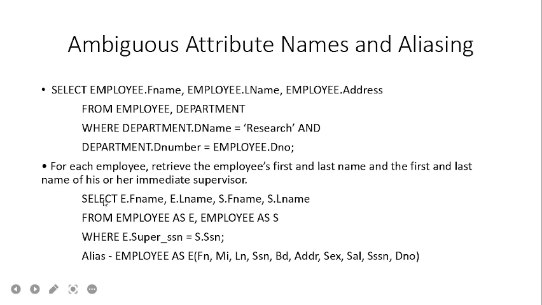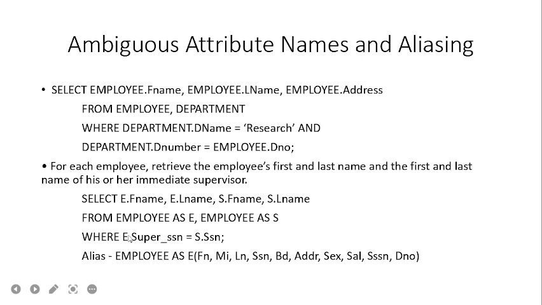We can write: select E dot F name, E dot L name, S dot F name, S dot L name from employee as E, employee as S. So we have two aliases for this employee relation, E and S. The condition is E dot super SSN equal to S dot SSN.